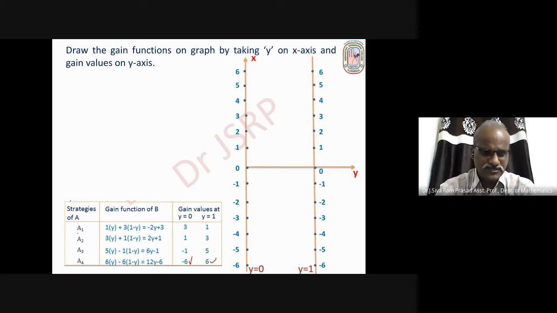First, draw a line corresponding to A1. On y equals 0, the gain is 3. So on this y equals 0 line, the gain is 3; this point.